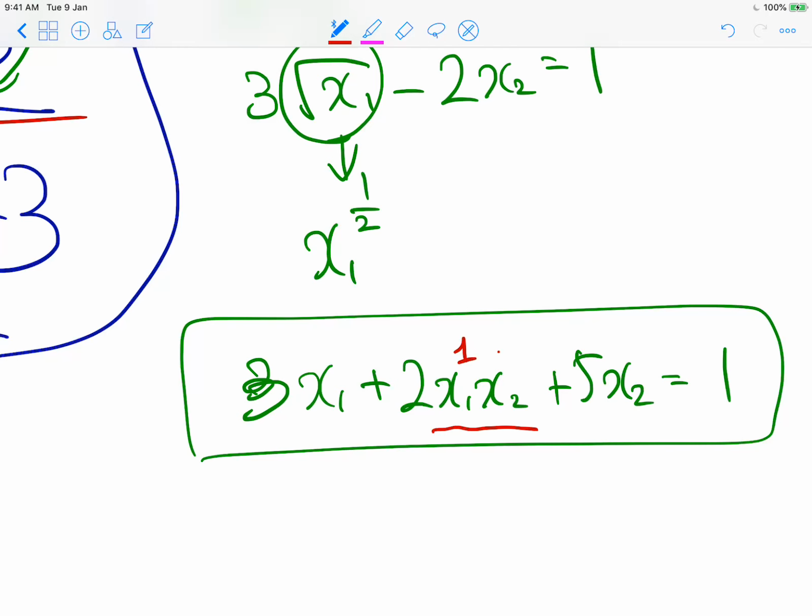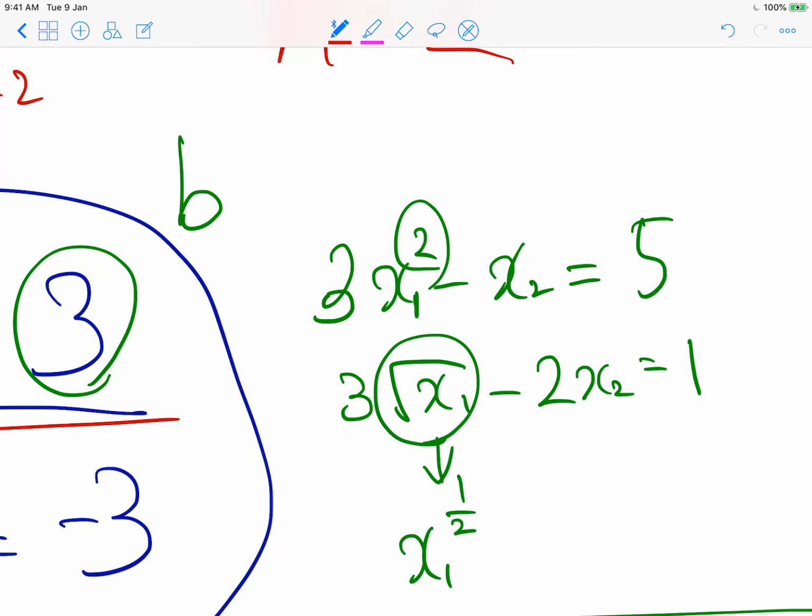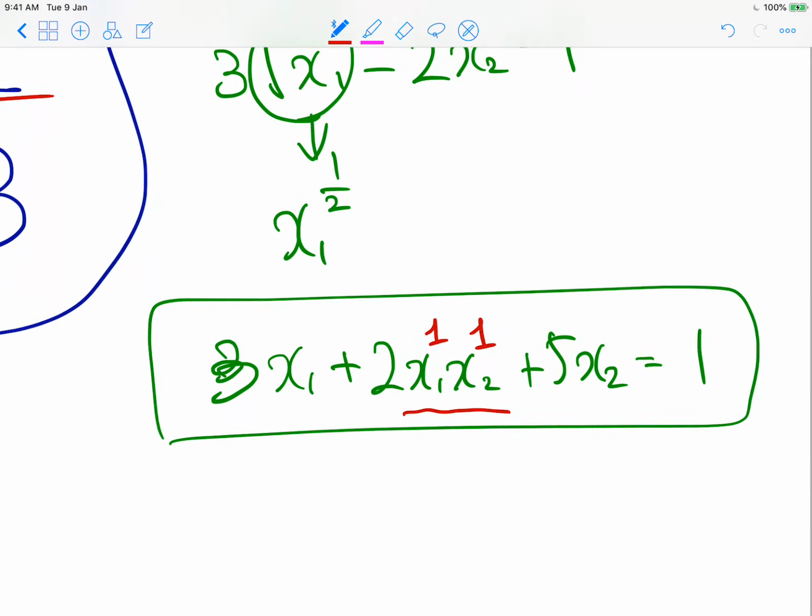This one has just a first order term of each individual variable, x1 and x2, but because they are multiplied together, the degrees add up. When they are added or subtracted, that doesn't increase the order of the equation.